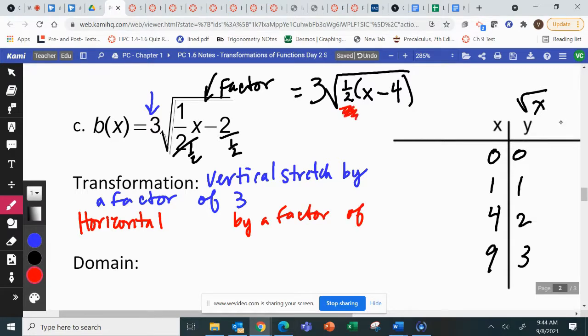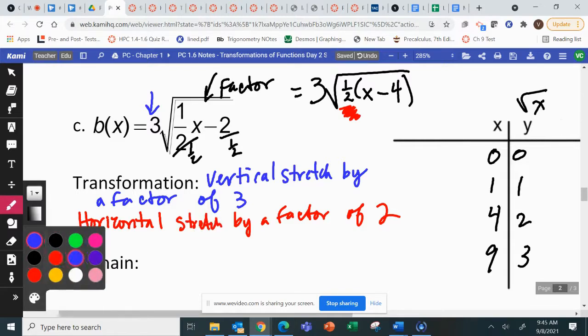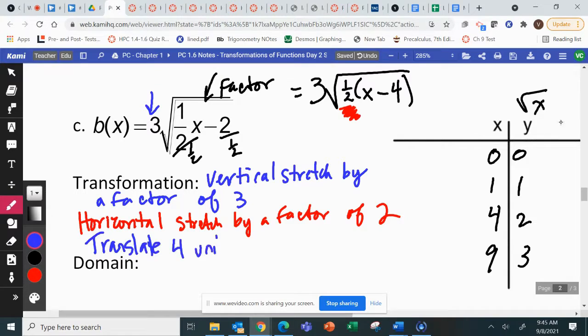If it's a 1/2 in here, instead of multiplying by 1/2, I'm going to multiply by the reciprocal of 1/2, which is 2. If I multiply by 2, is that getting bigger or smaller? Bigger. Stretch. And then we have a translation 4 units to the right.